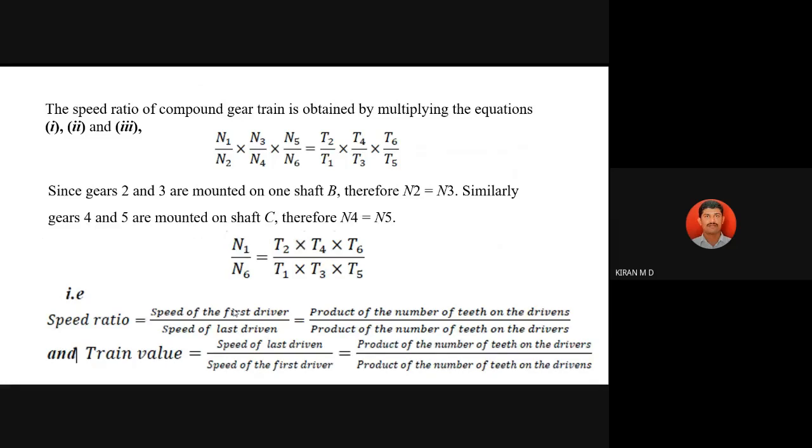So it indicates the speed of the first gear divided by the speed of the last driven gear.